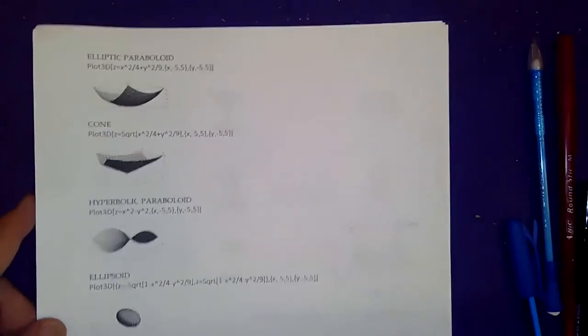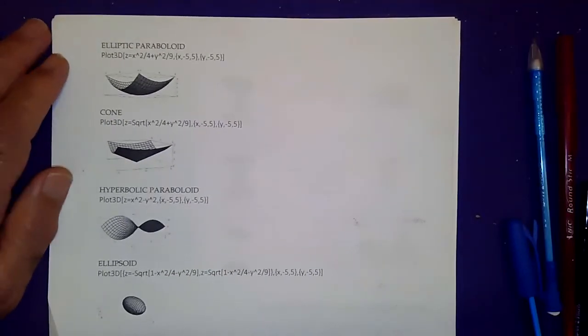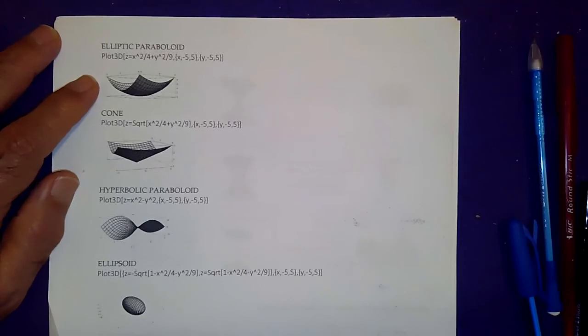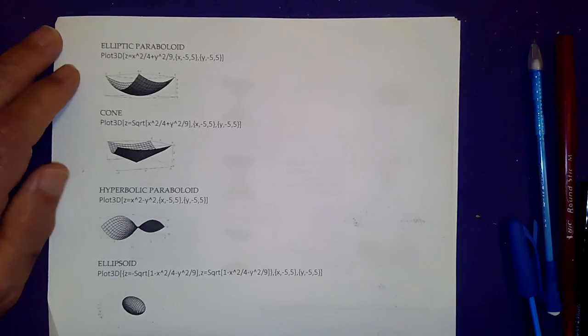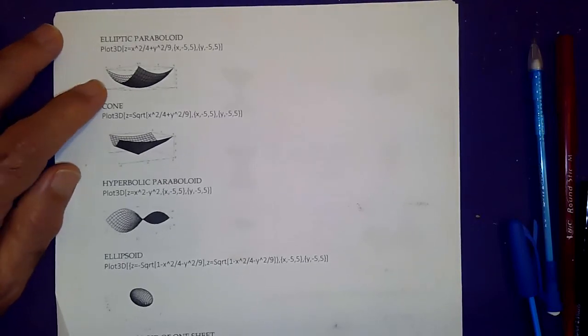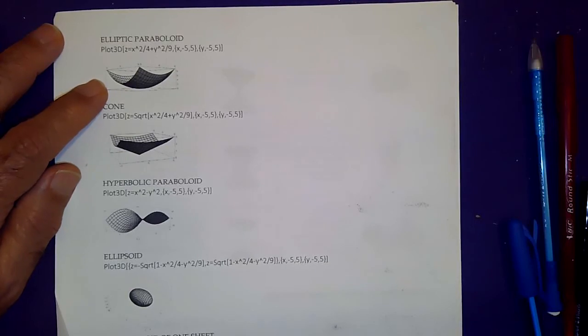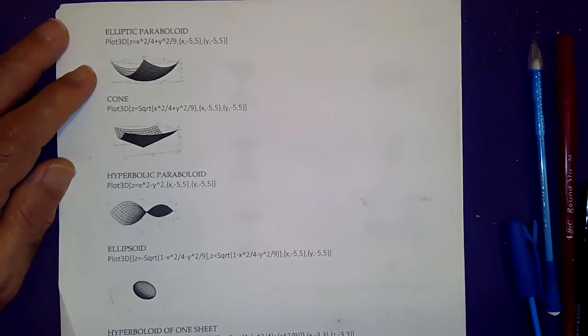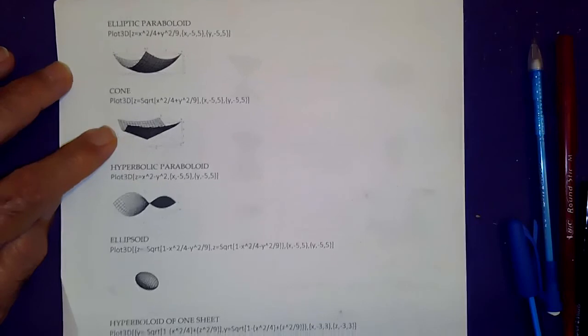Finally, this is how I got these pictures using a program called Mathematica. The free version of this program is called Wolfram Alpha. You can just Google it and you can graph these on that site. So this is how an elliptic paraboloid looks using that program. Here is the cone.